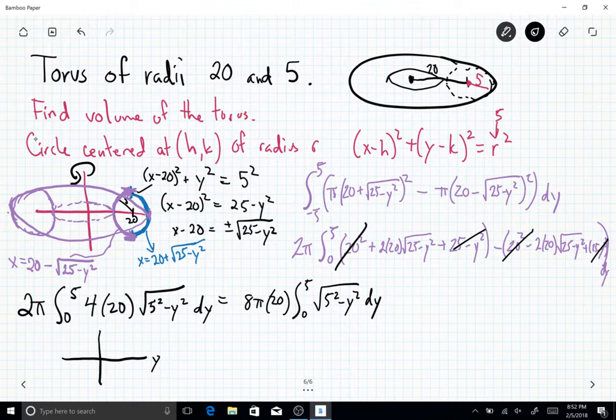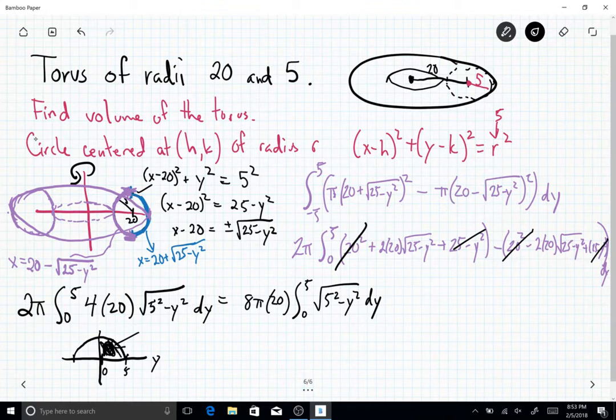So if you have the square root of 5 squared minus y squared, and I put y on this axis, that means we essentially have the top portion of a circle. But our integral is only going from 0 to 5, and so we're shading in this. So, without even integrating, this is a quarter of a circle with radius 5.